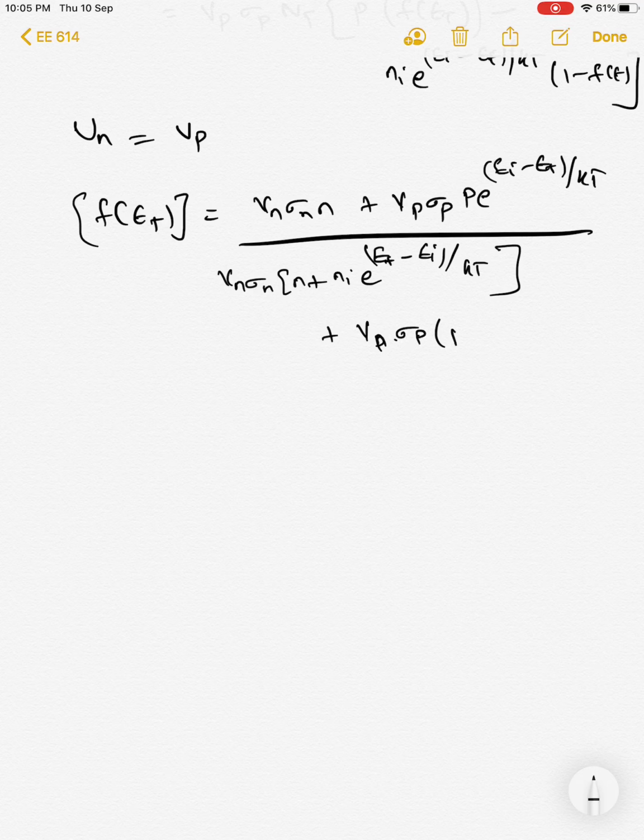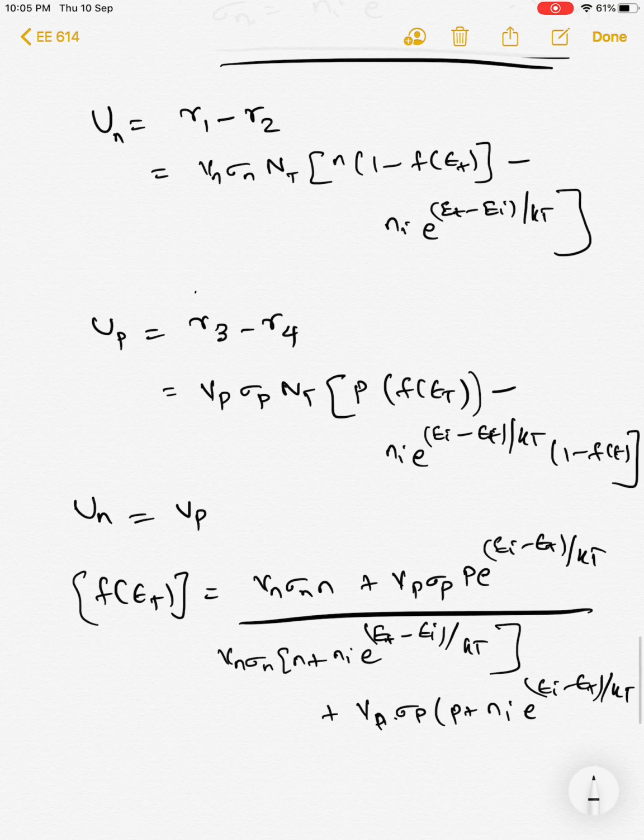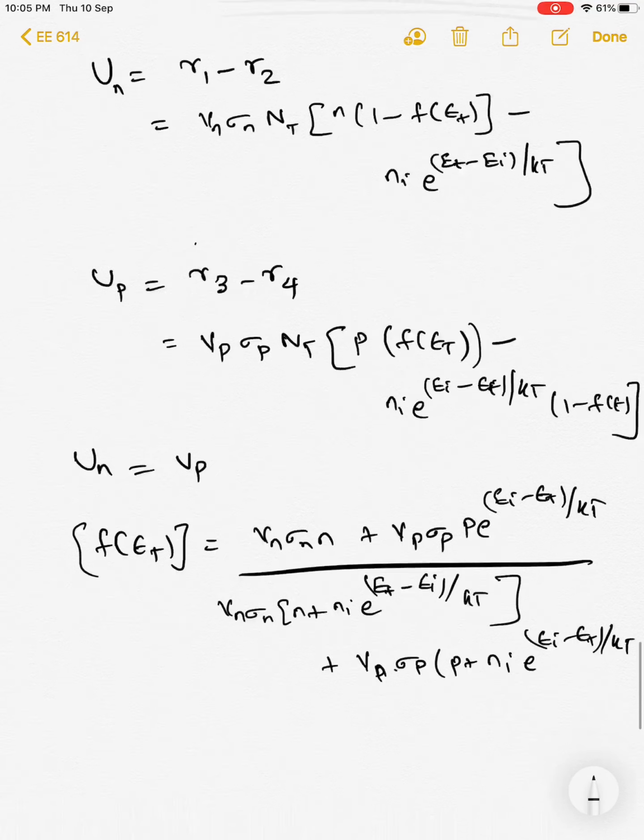Sigma p plus ni e power ei minus et. So we have an expression for f of t, and if we replace f of t in either one of these, then we will know the net transition rate, because it has to be equal at steady state, right?